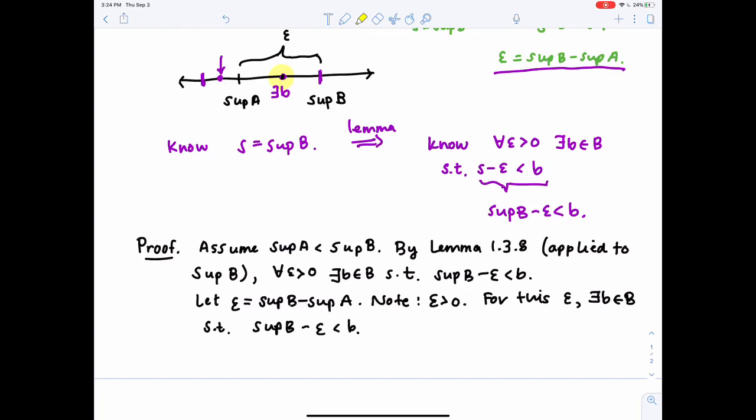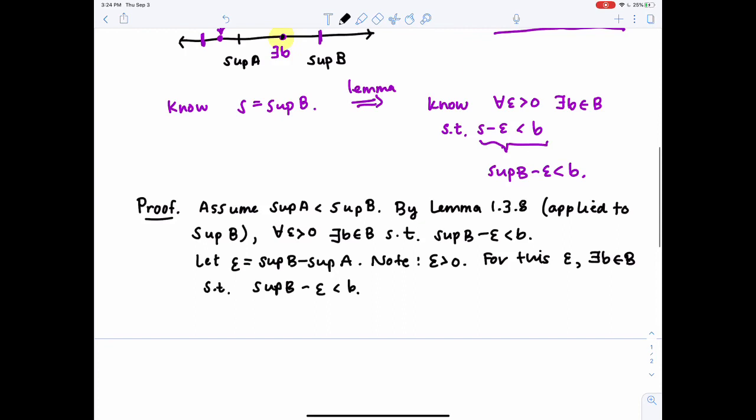Because if b is bigger than the sup, then b has to be an upper bound transitively for A. So if I look at sup B minus epsilon, I can sub in what we chose our specific epsilon to be. And notice that that simplifies to sup A.